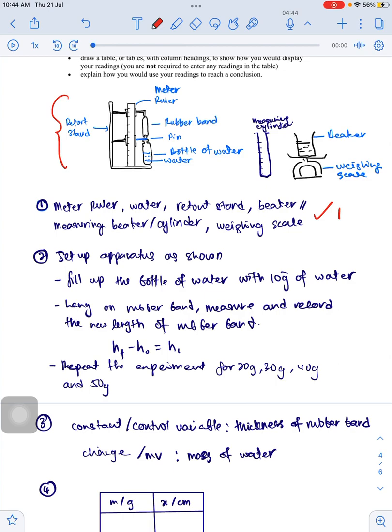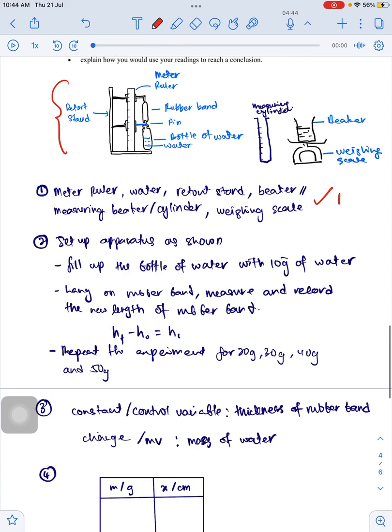The scheme asks you to state that you measure the length of the rubber band before and measure the new length after you hang up the load. Okay, so that is the first mark.